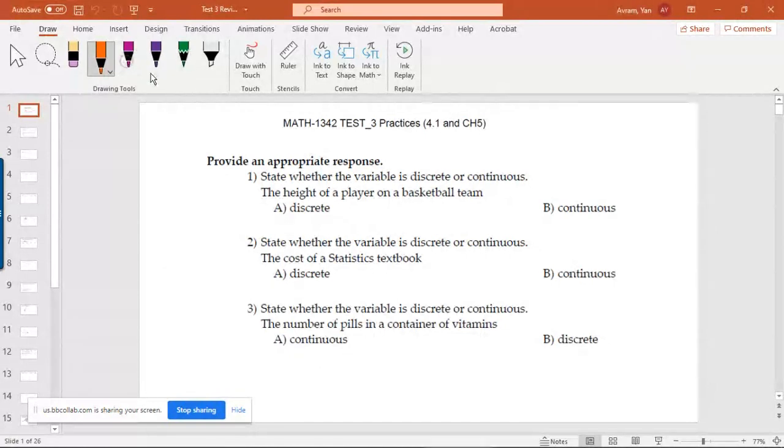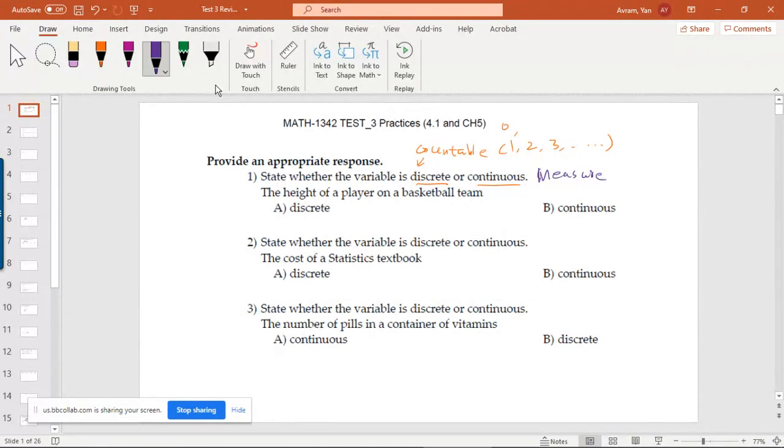So we need to know what is discrete and what is continuous. Sometimes we say discrete is something you can count, or it's kind of countable, like 0, 1, 2, 3, okay? And continuous is something you can measure.